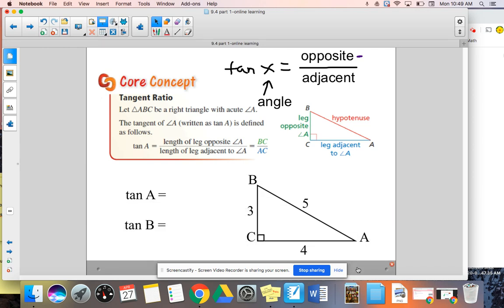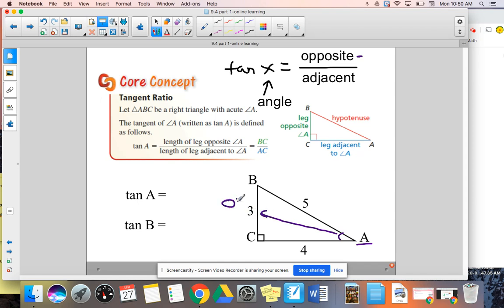So when we are doing an example problem, here it says tangent A equals. If we want to figure out what the tangent of A equals, we are going to have to be looking at the angle A. To find the opposite and adjacent side, I usually label the triangle. Across from the A is my opposite side.